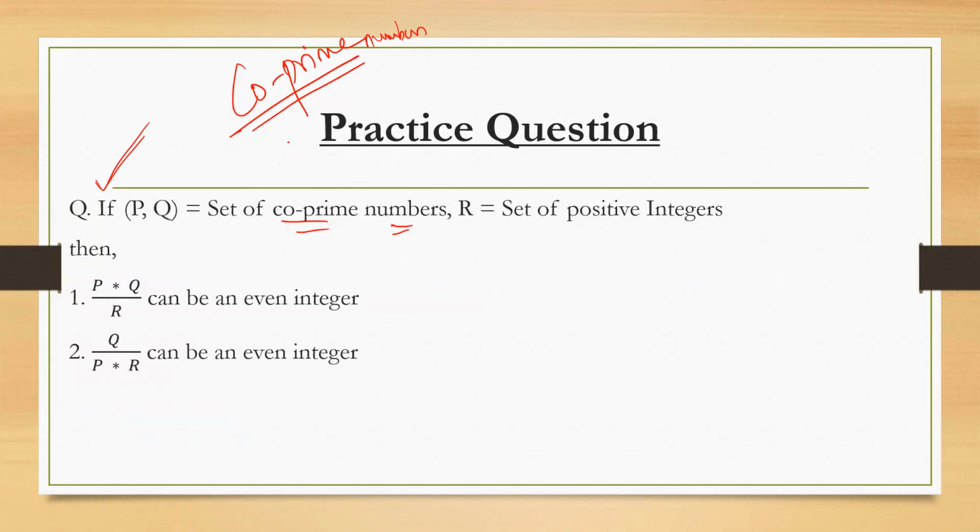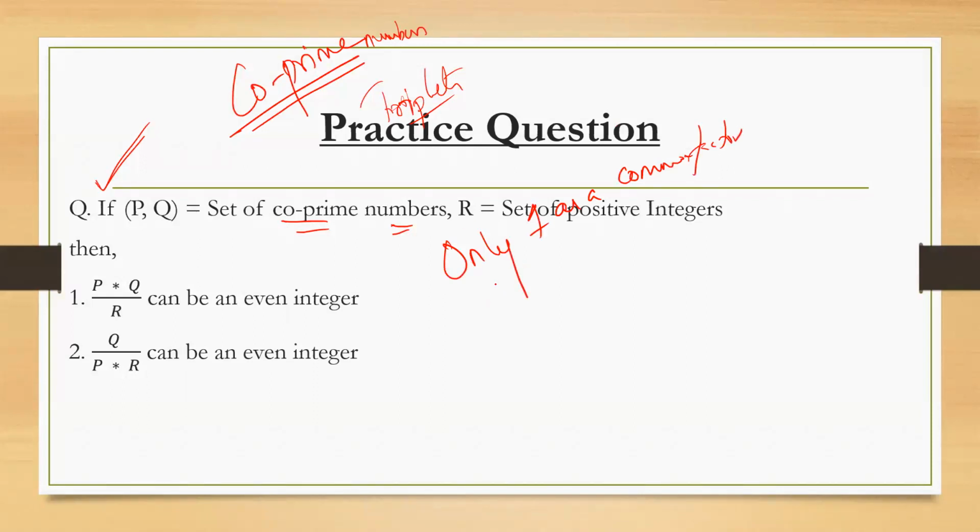Having same factors, no. Shivaranjani, what you are saying is triplets. That is different. Exactly. Co-prime numbers is any two numbers which have only one as a common factor.